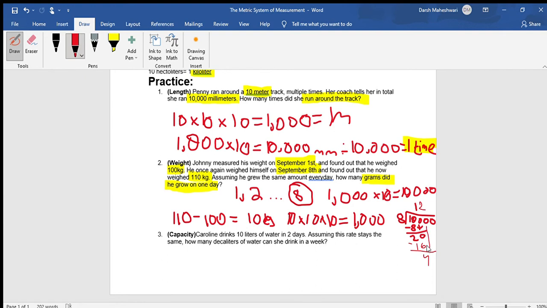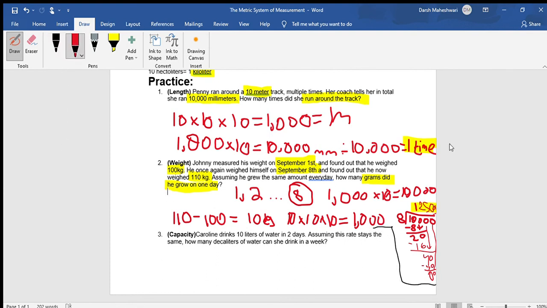Now we bring down this 0. Minus 40 would equal 0, so it would be 125 now. And then we bring down this last 0, and we can just add a 0 here. So we found out that the answer would be 125 grams. Okay, this would be our answer. Okay, I'm just gonna draw a box here so we know that it's part of this question.